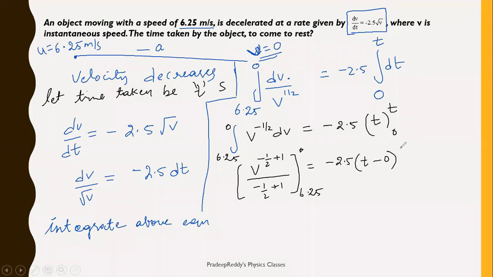Upper limit and lower limit I am substituting here. Now this gives you v power, what is this, minus 1 by 2 plus 1, that is 1 by 2, divided by 1 by 2, am I right? Limits are from 6.25 to 0. This is equal to minus 2.5 into t.